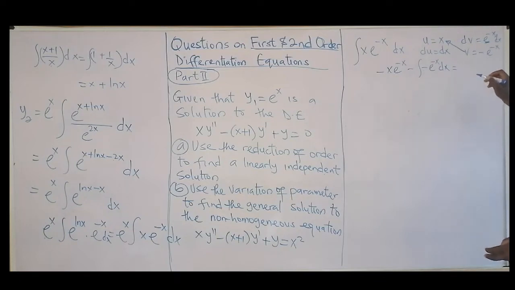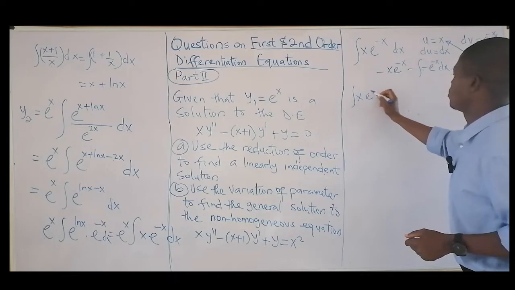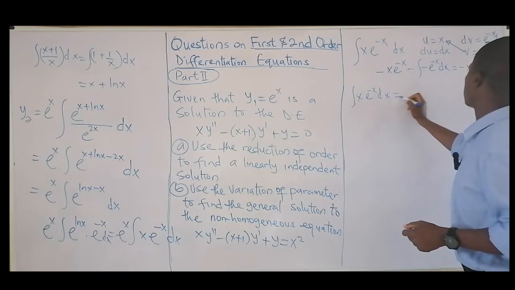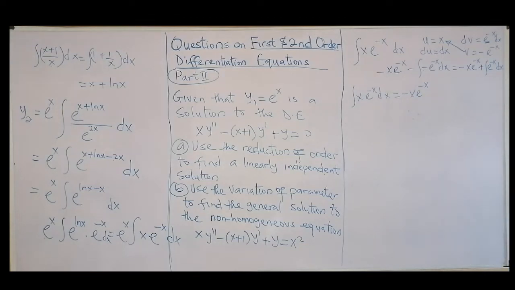That will be equal to minus this, the one you have here, plus the integral of e^(-x) dx. Then integrate this, which will be equal to the function itself, then divide by the attachment to that variable, which makes it minus there. So we've gotten the integral of that.